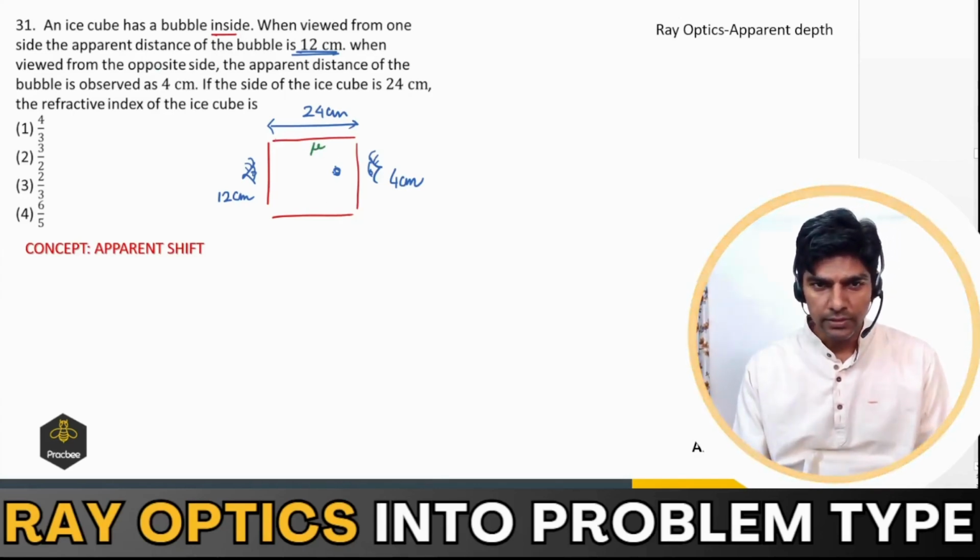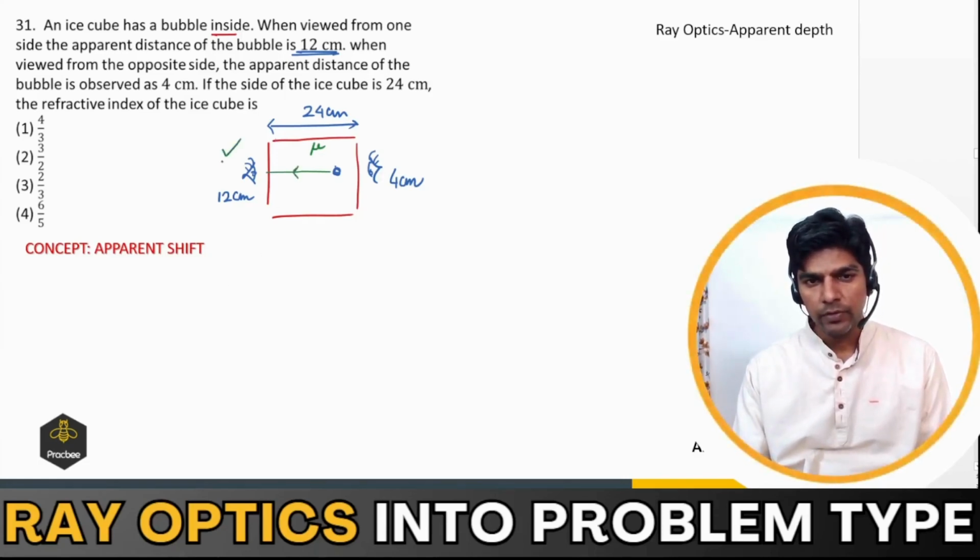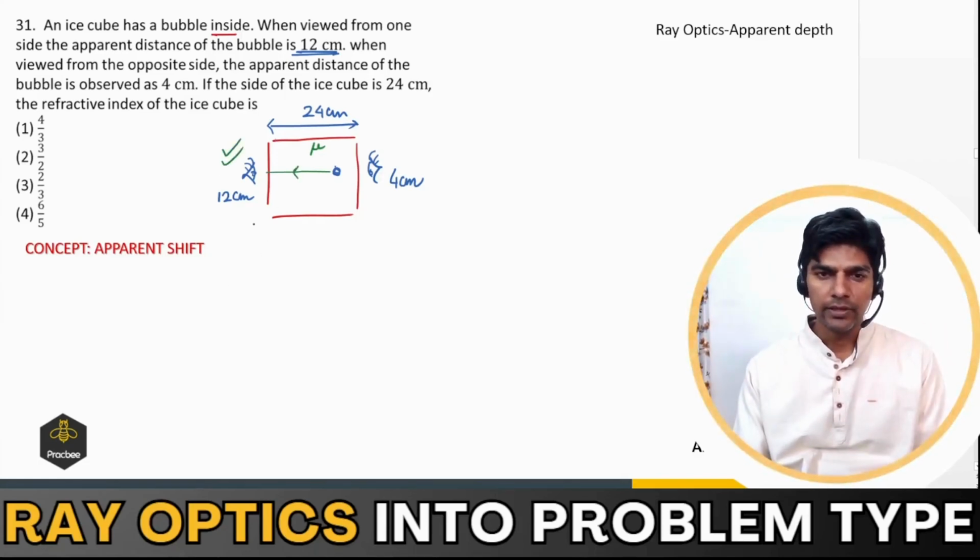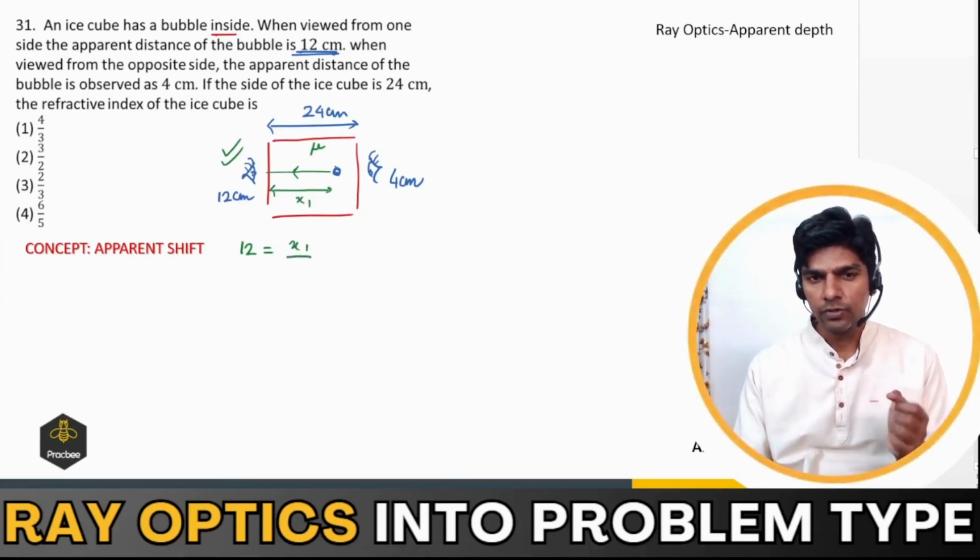Now if we consider incident rays going in the left direction, when we are viewing this from the left side, the apparent depth is 12 and the formula is original depth. Let us say the original depth is x1. x1 divided by the refractive index of the object, which is mu, by the refractive index of the observer, which is 1. So from this, x1 will be 12 times mu.